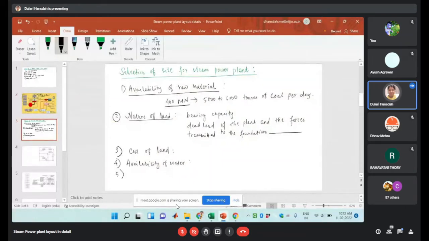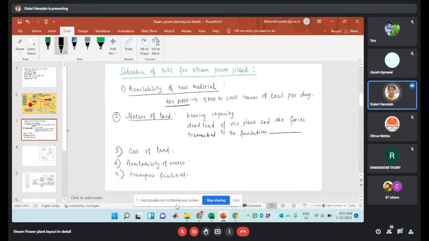Then we have the fifth point, that is the transportation facilities. Availability of proper transport facilities is another important point for where a thermal power station can be located.